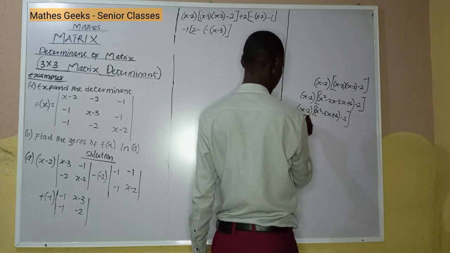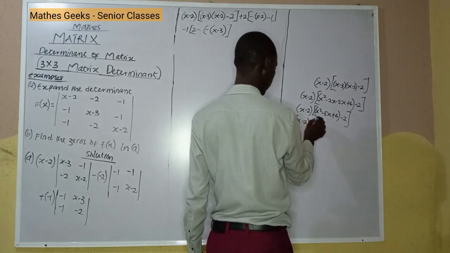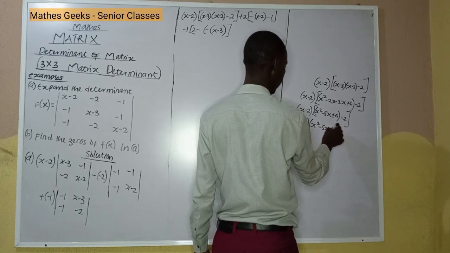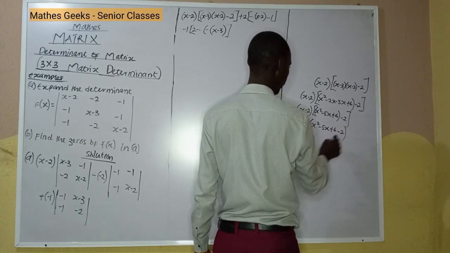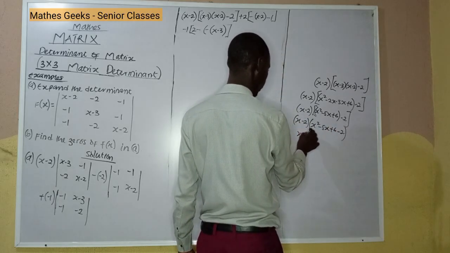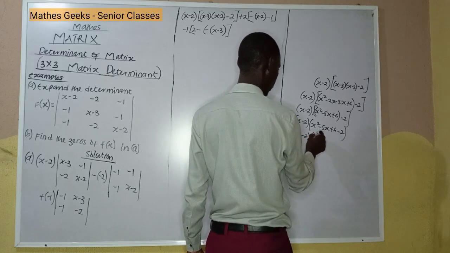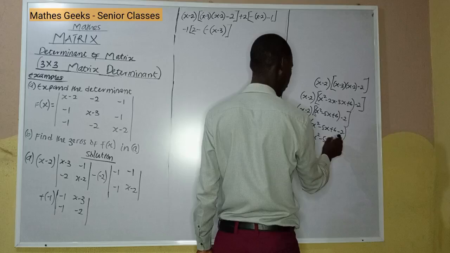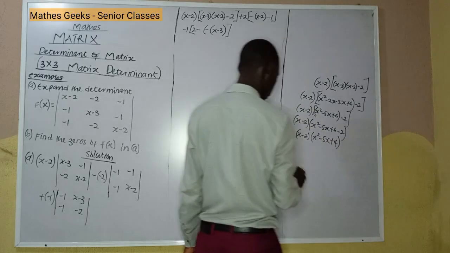Then minus 2, x minus 2, open a bracket, x squared minus 5x plus 6, minus 2 plus 4.